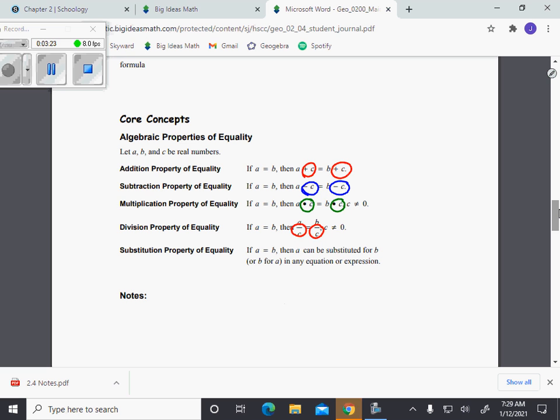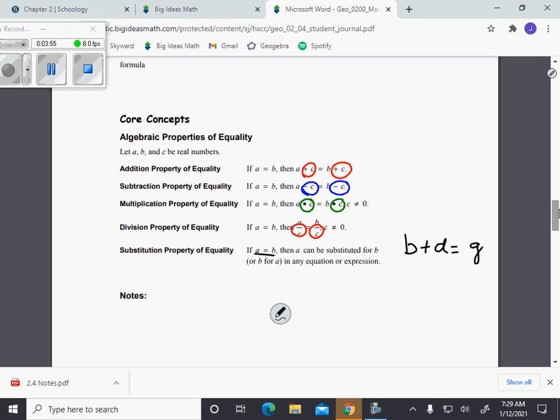Okay, and then the substitution property. This one can get a little tricky. Substitution property: if A equals B, then A can be substituted for B, or B for A, in any equation. So let's say I have A equals B, and I said B plus D equals G, whatever those may be.